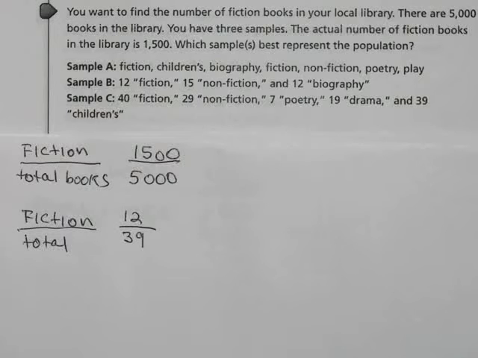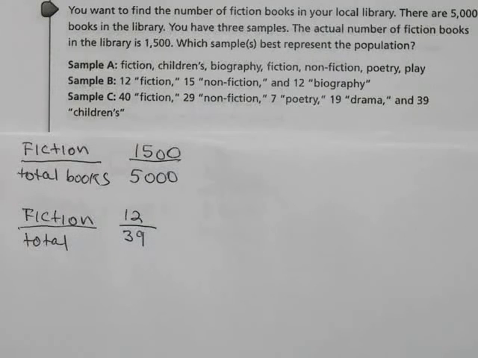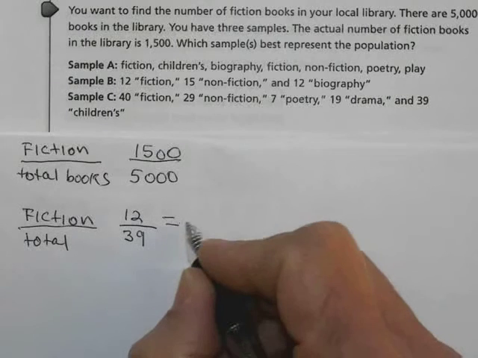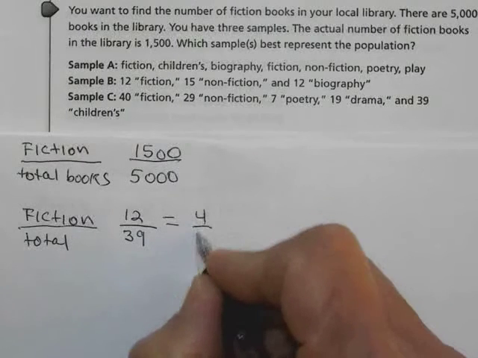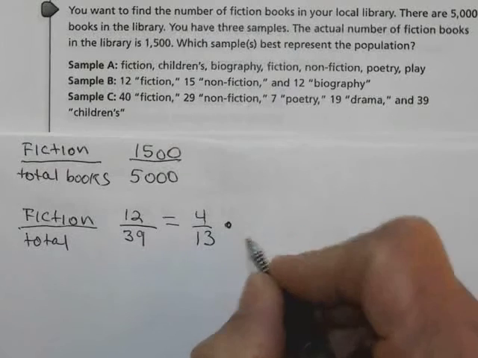Would I get 1,500? Is that essentially the same as 1,500 over 5,000? The way I'm going to do this problem is first of all to simplify this, and of course, this simplifies to 4/13. And I'm going to multiply this by 5,000.